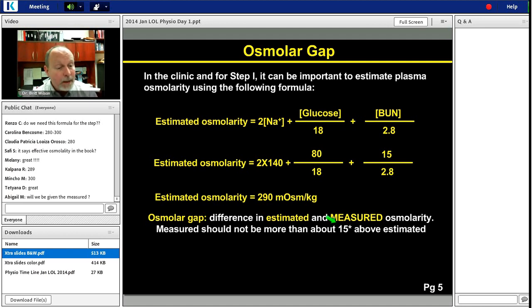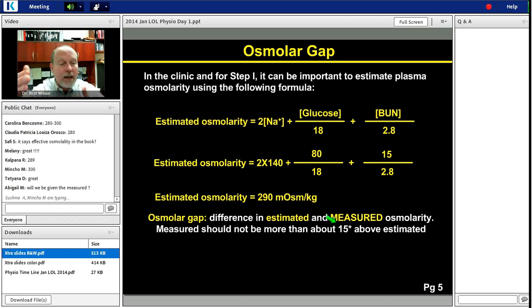All right, what if they're not? You will be given the measured. Yes, you have to be given the measured. There's no way for you to derive the measured other than them to just flat give it to you. I look at those two numbers and see how close they are.